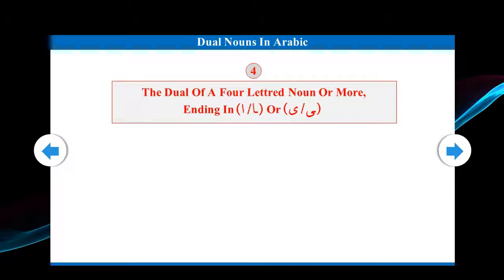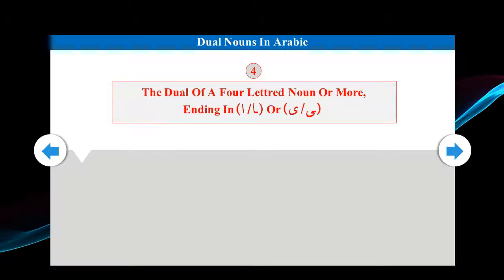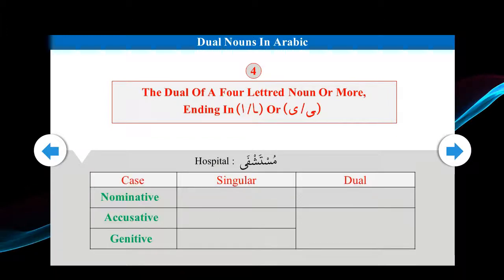Another case is when we have at least a four-lettered noun ending in normal alif or alif maqsurah. Take the example of the word مستشفى, which means a hospital. The singular in the three cases is مستشفى.